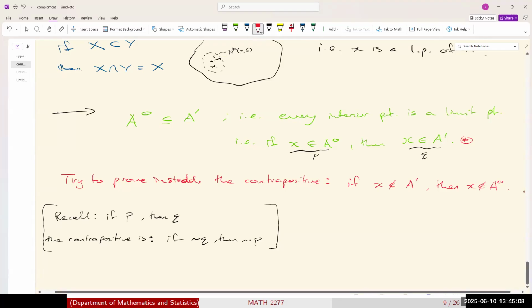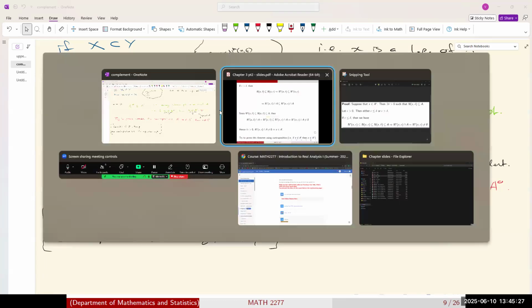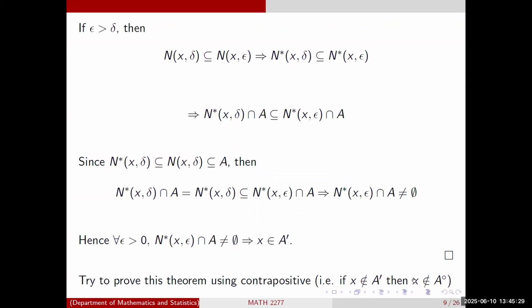Both these things are the same, or we say they are equivalent. Maybe I said to prove that because the contrapositive is easier to prove. I suspect the contrapositive may have been easier, so try to prove this statement instead.